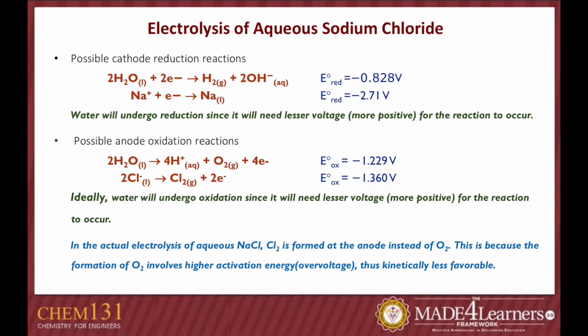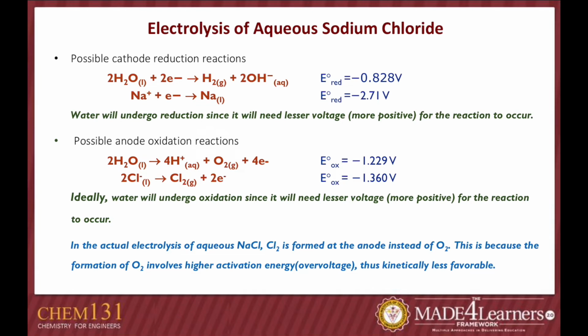So this is actually a special case because ideally, water should be the one to undergo oxidation, but in the actual electrolysis, in the production, it's not oxygen that will be produced, but chlorine gas. So in the actual electrolysis of aqueous sodium chloride, chlorine gas is formed at the anode instead of oxygen. This is because the formation of oxygen involves higher activation energy, thus it is kinetically less favorable.